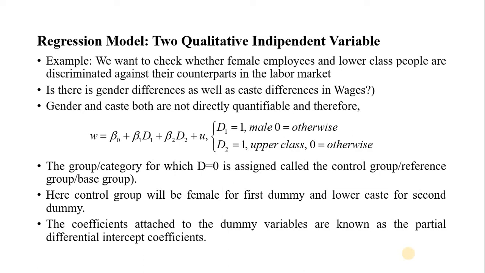We have also seen how we can estimate this model manually using Excel, and how we can analyze this data using the data analysis tool pack of Excel. The dummy variable regression model is similar to the earlier regression model.